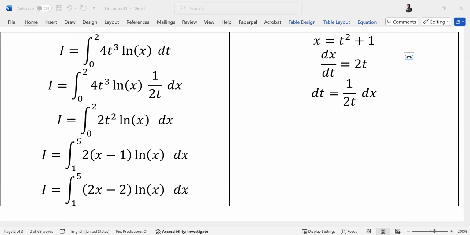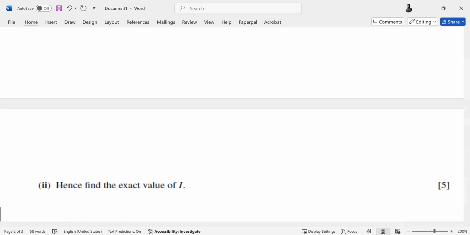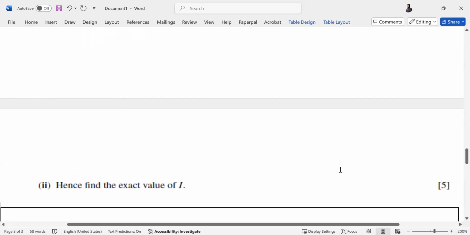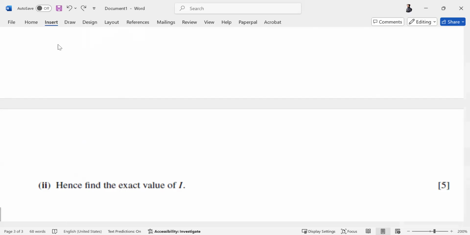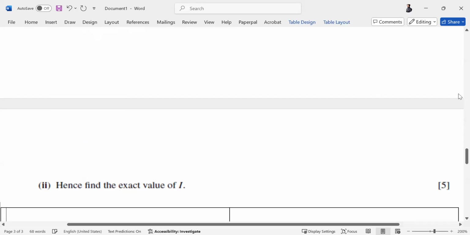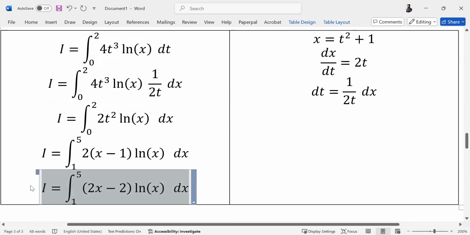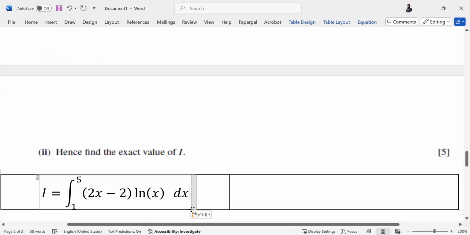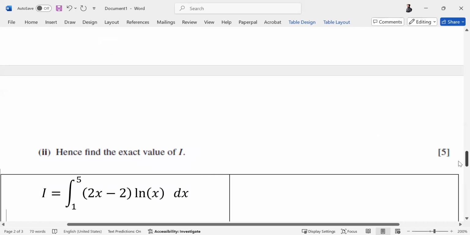The question will not always tell you when to use integration by parts. Sometimes it does, by saying using integration by parts, etc. But not always. So how will we go about integrating this? Very good. We'll be using integration by parts.